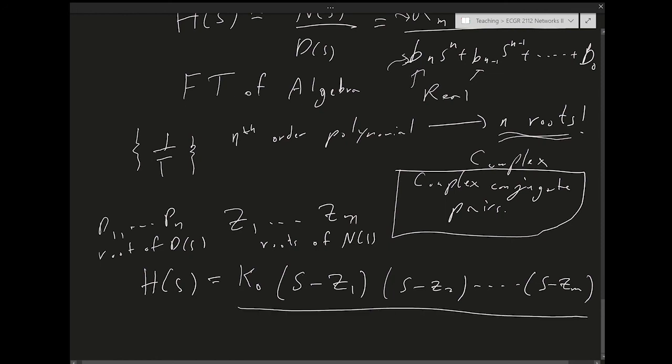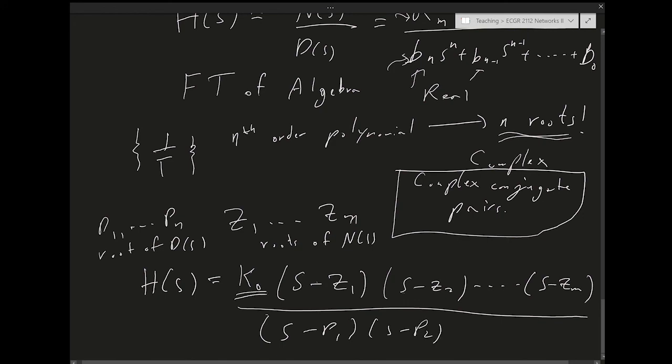Let's just multiply those terms together. This is a polynomial, right? It's a first order expression multiplied by other first order expressions m times. So if we multiply everything together, we will get an mth order polynomial. Furthermore, if s is equal to any of those roots, the whole thing will be zero, because one of those factors being zero is enough. Then the denominator can be written as (s minus p1)(s minus p2) all the way to (s minus pn).